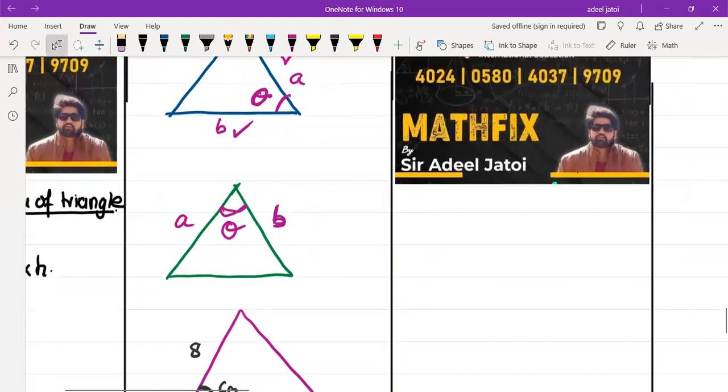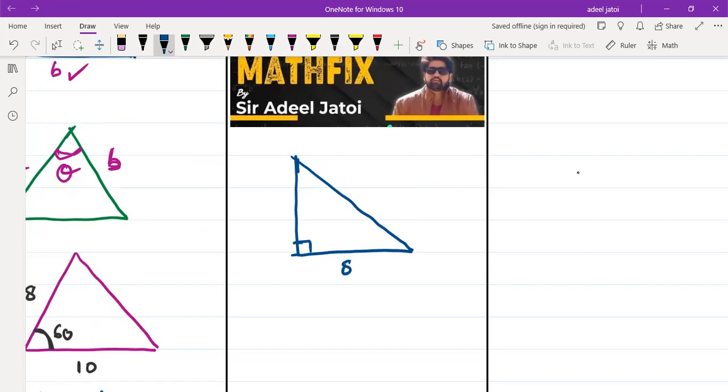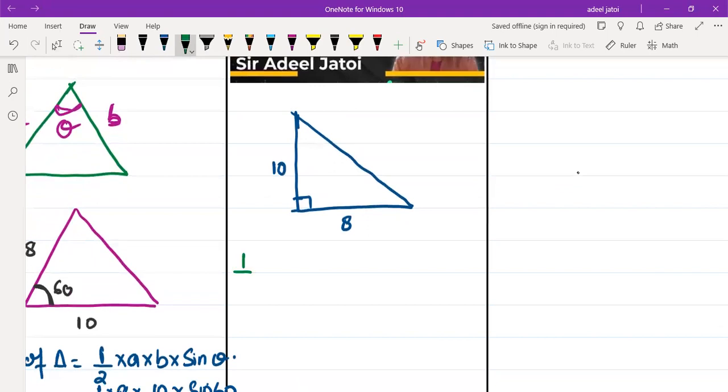In the same manner, if this is your right angle triangle, and this side is 8 and this is 10, in a right angle triangle I use half into A into B into sine theta for area.